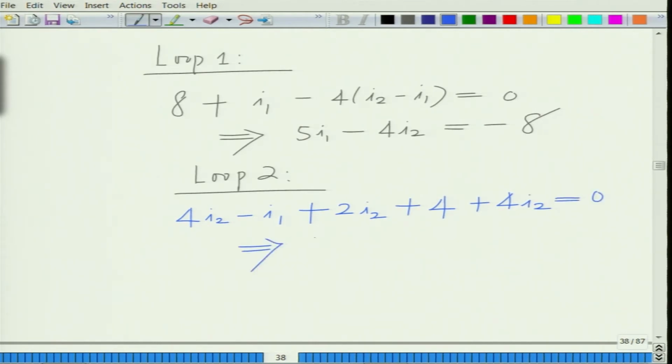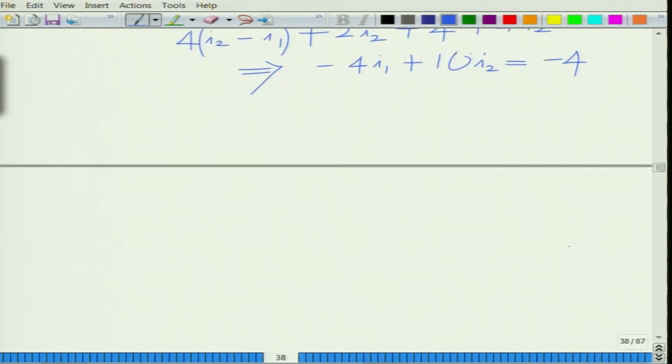This implies minus 4 I 1 plus 10 I 2 equals minus 4.